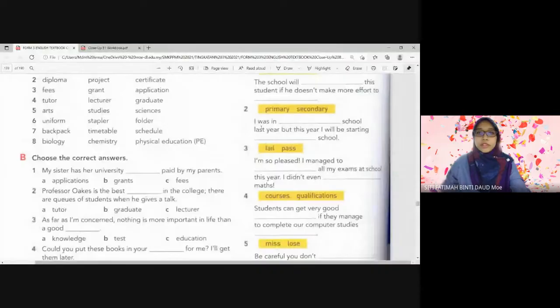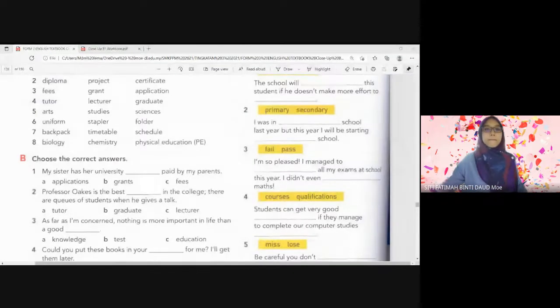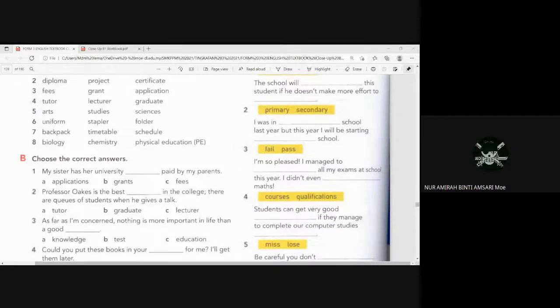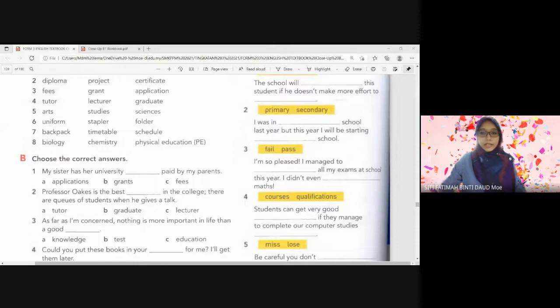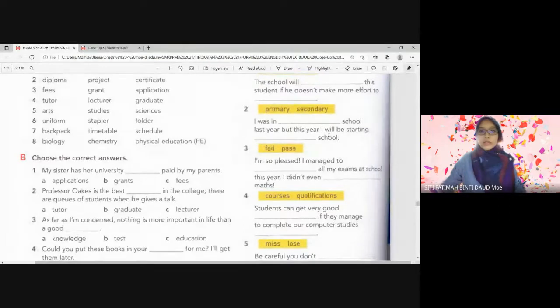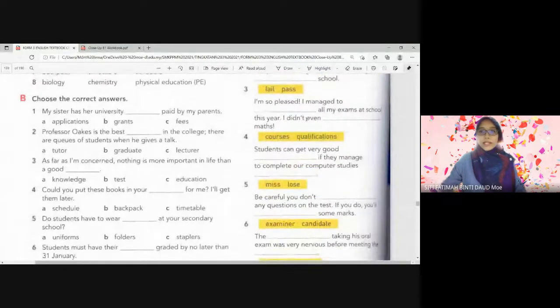Alright, number 2. I was in what school last year, but this year I will be starting what school? So transition from primary and secondary. Thank you, Amira. Primary and then go to secondary. I'm so pleased.